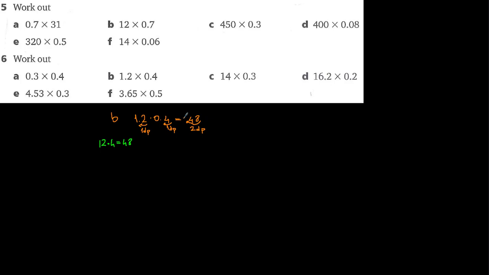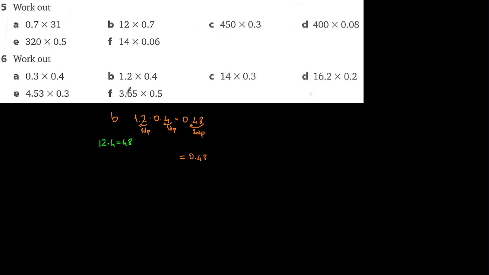If we put the point here, the answer is going to be 0.48, because the answer should have 2 decimal places. Why should it have 2 decimal places? Because of the multiplication rule. So the answer is equal to 0.48 for this one.